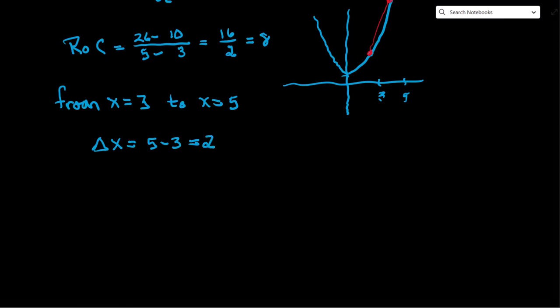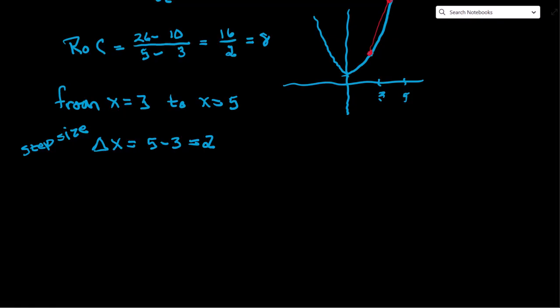Now, the amount that x changes can vary. This change in x is also called step size. It's how big of a step we are taking as we move from one x value to another on the graph. In this example we're looking at right now, the step size is 2.